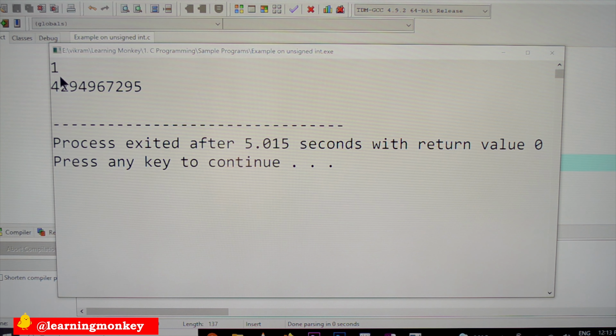So this is the largest number possible with all these bits, because everything is considered as the magnitude. The most significant bit is not considered as a negative number. Based upon that, we are going to get this.